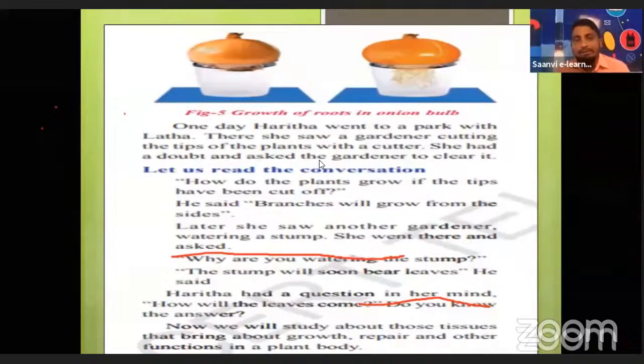Growth of roots in onion bulb. What we have discussed up to now is clearly shown in figure number 5. Please look at the screen, all of you.